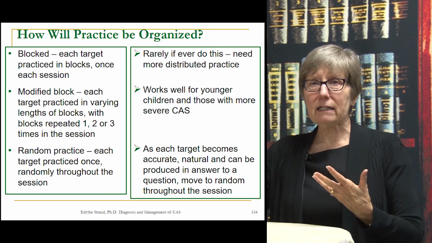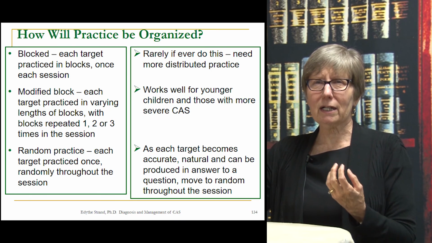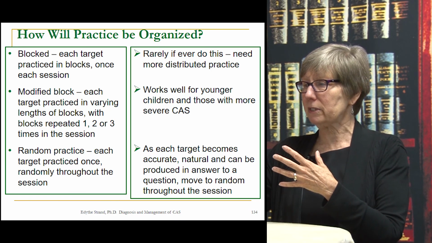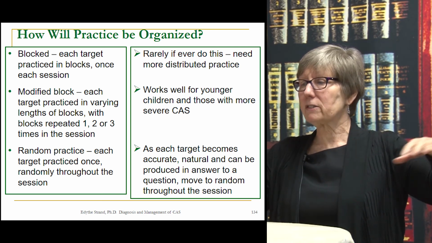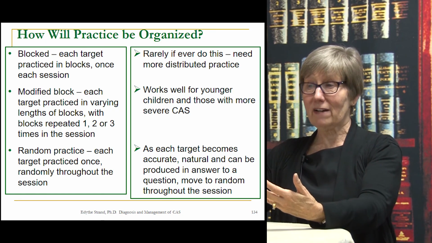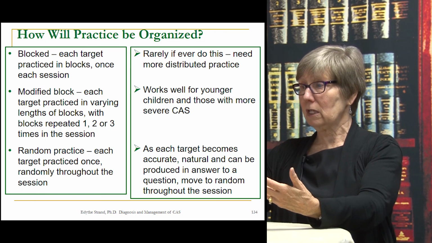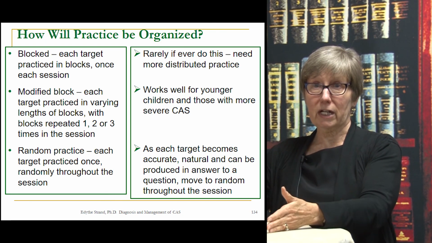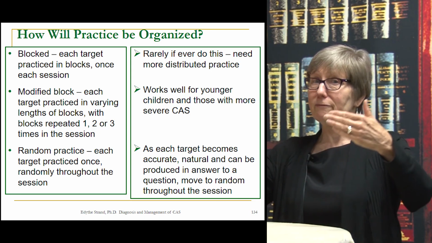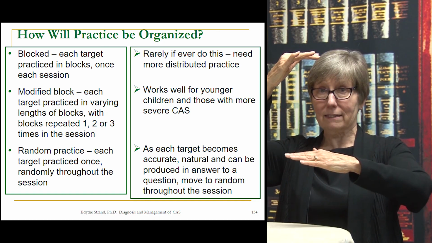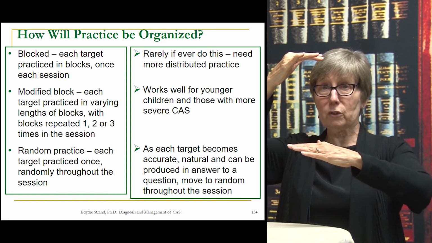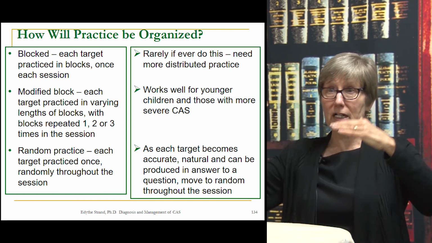So the next thing we think about is how practice is organized. This is just review, so I'm just going to put this up on your slides. Blocked, we rarely do only blocked, but we often might go to a modified block even for the severe children. This works really well for younger and more severe children. But within these stimulus sets, we are moving more and more toward random production with each one.